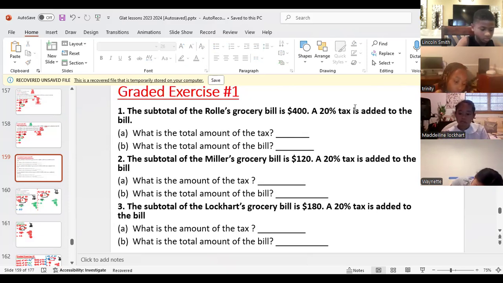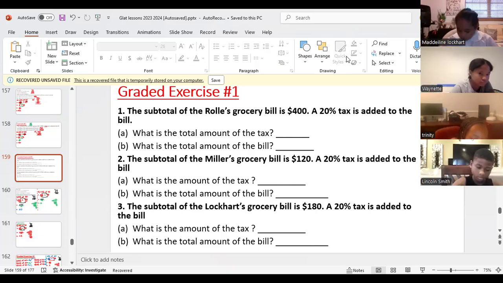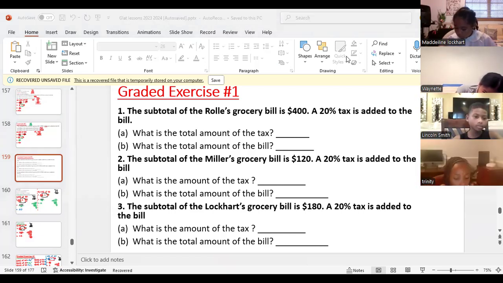Trinity, what number you on? Number 1. Okay. And Madeline, you understand what you're doing? Yes, sir. All right, that's good. Where's Winette? Winette, what number you on? Number 1, that's good. Lincoln, what number you on? Number 1 as well, okay.